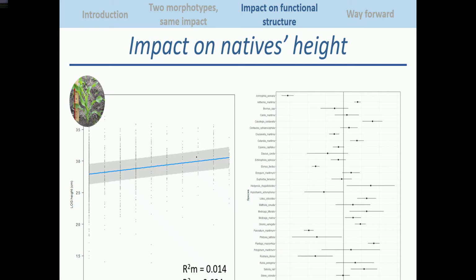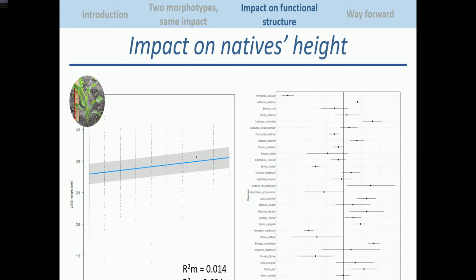meaning that for some of the species, the effect stayed positive, so they were actually getting taller when Carpobrotus was more abundant. But for some of them this effect was not so positive, was slightly less.